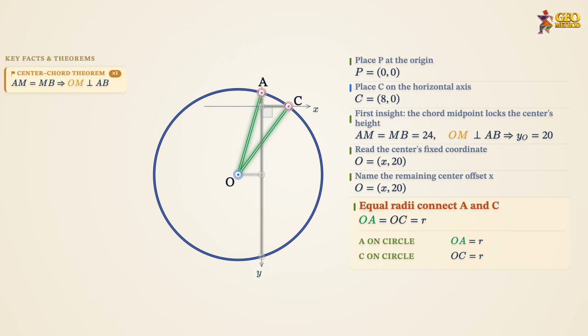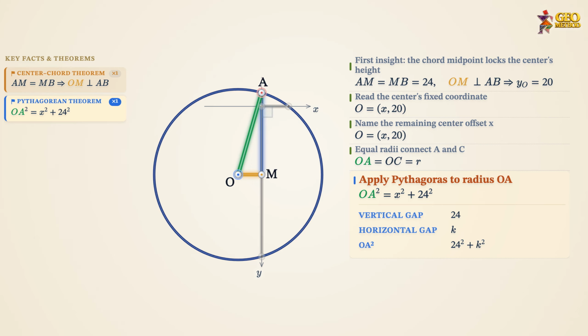Both A and C lie on the circle, so segment OA and segment OC are equal radii. That equality will remove the unknown radius while we locate the center. In the right triangle from O to A, the horizontal leg is x, and the vertical leg is 24.